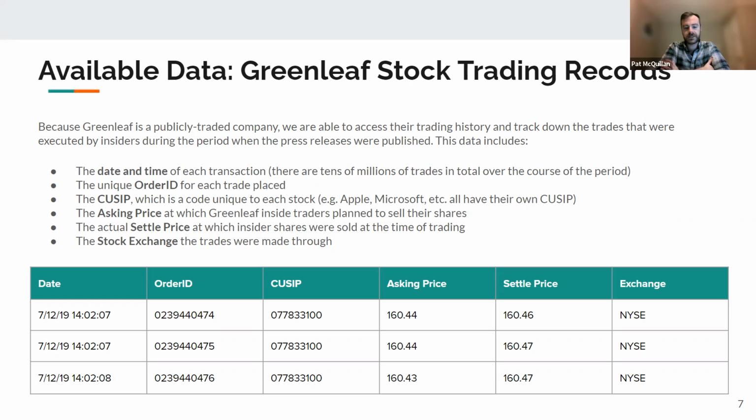So basically the way book value works, just so that everyone's aware, is that book value is essentially the total value of a company based on its net assets. A company has assets like equipment, people, intellectual property, and it also has liabilities like debt.